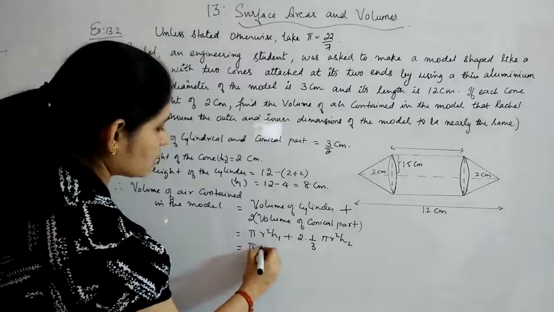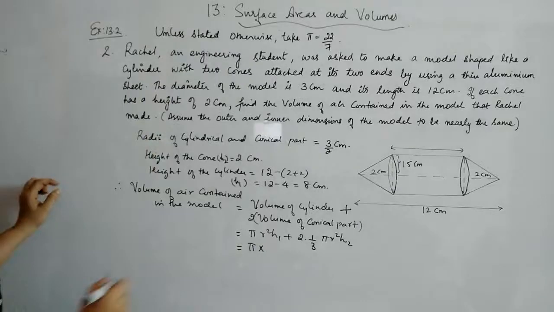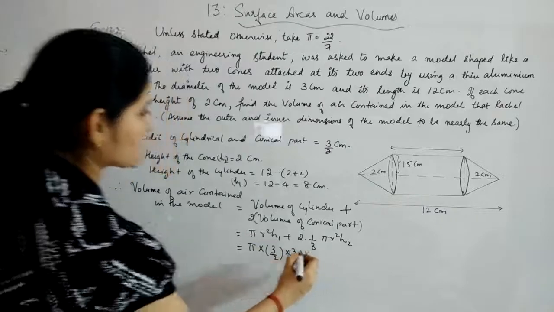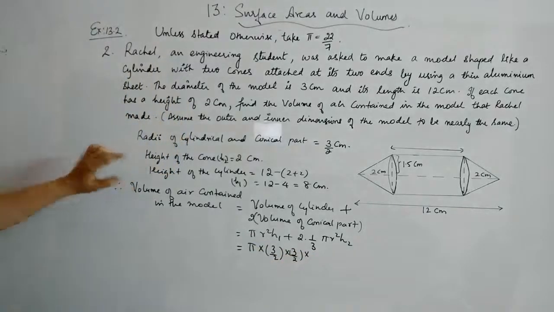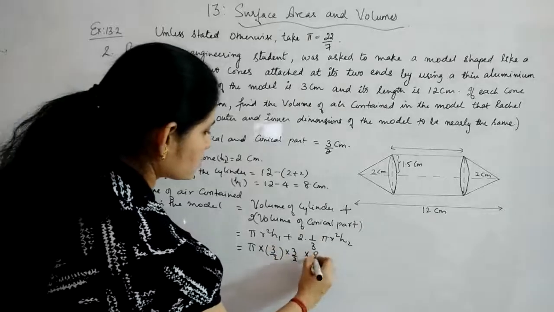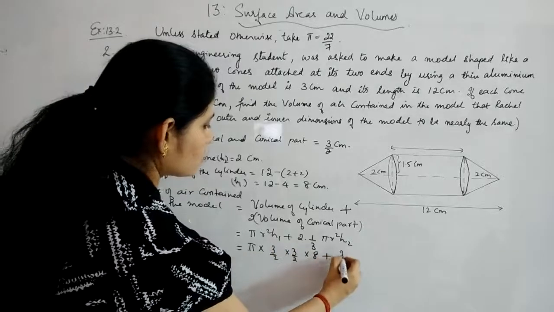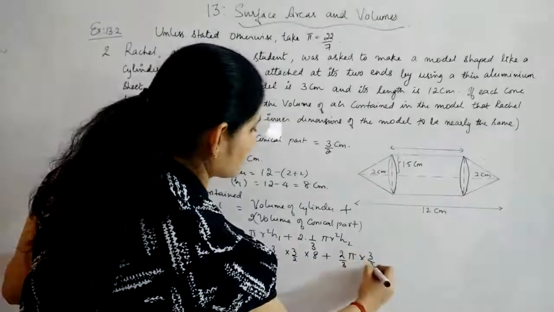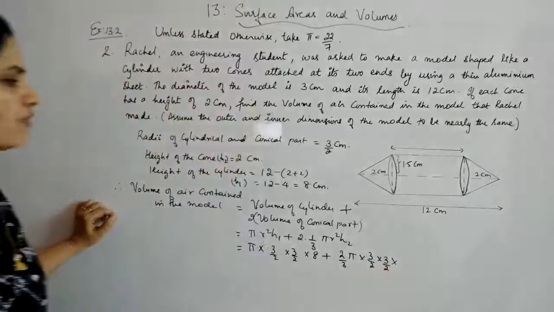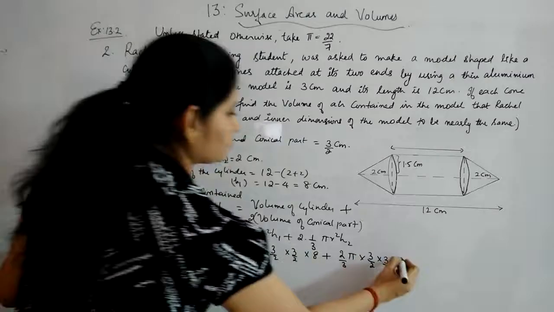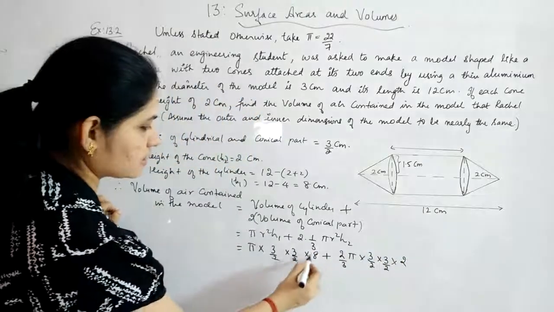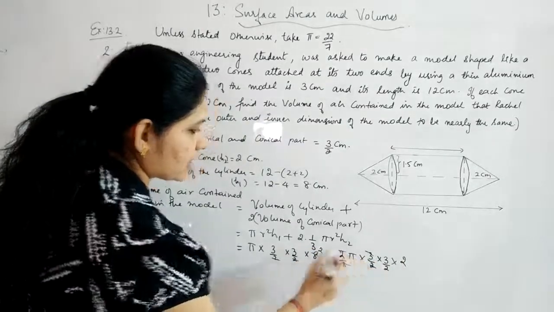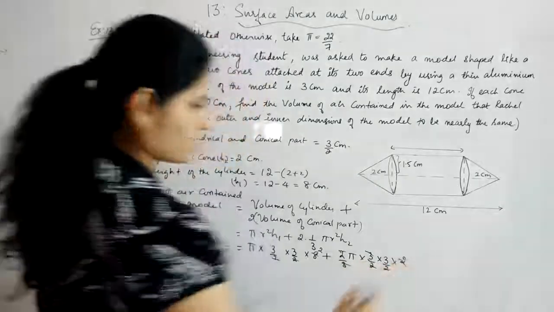Now this is pi into, what is R for this? For both you have 3 by 2. So pi into 3 by 2 the whole square, which is 3 by 2 into 3 by 2 into h1. h1 is for the cylinder, it is 8. Plus 2 by 3 into pi into 3 by 2 into 3 by 2, but the height of cone is 2. You can cancel here, you will get 2; 3 gets cancelled, 2 gets cancelled.